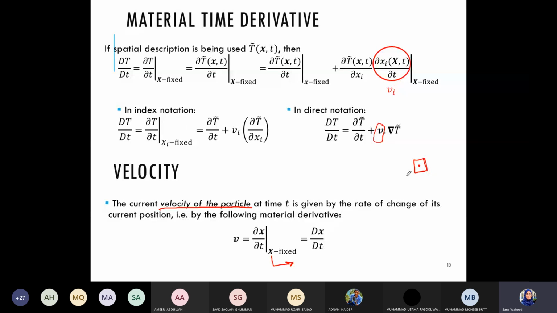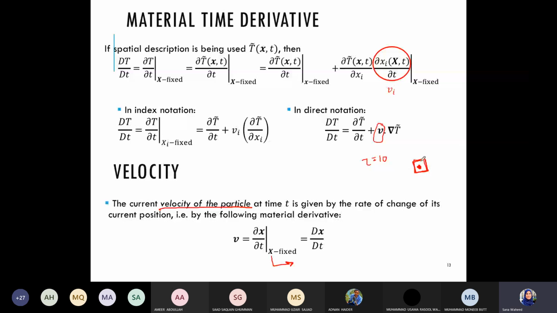But at any one time, by my continuum definition, only one particle will be going through it. So when I look at t equals 10, I am just going to have some one particle, right?